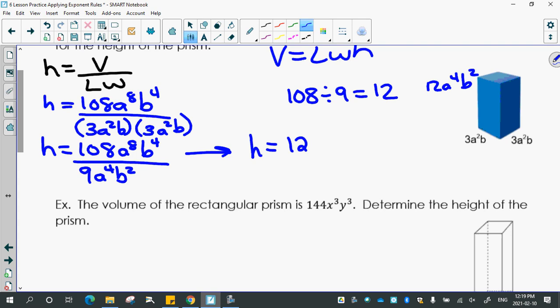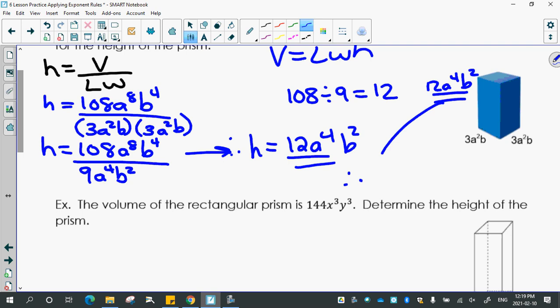A to the 8th divided by a to the 4th is a to the 4th. B to the 4th divided by b squared is b squared. So same answer, different way of getting to it. And then there, you'd need a therefore. I can just add a therefore in front of height if I want to. Okay, and I've got an expression for the height.